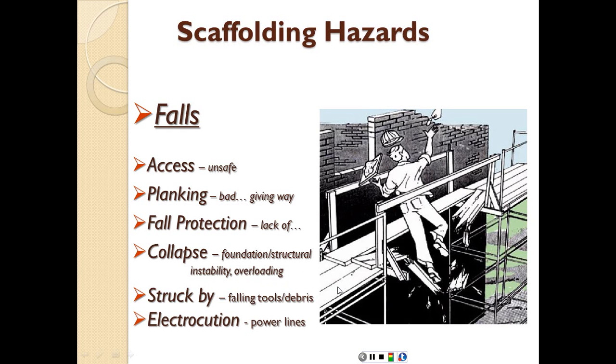If it was overloaded with equipment or material, or too many people standing on the same platform or scaffold, or if it's shaking at the bottom and the ground gives in and it collapses, all of these are reasons for the collapse. Struck by falling tools or debris, especially for people standing underneath or around the platform or the scaffold on the lower level. If something falls from the top, that's going to injure them.